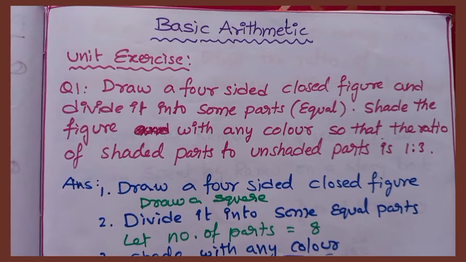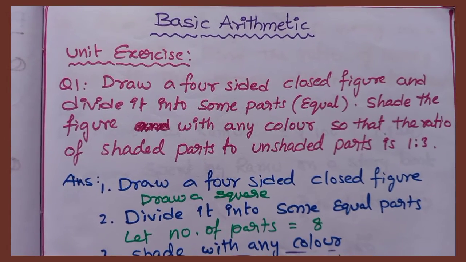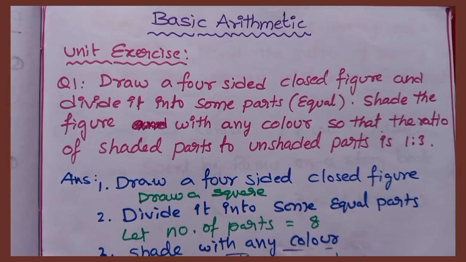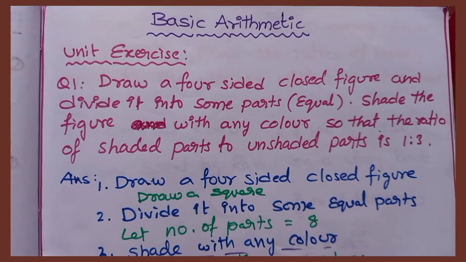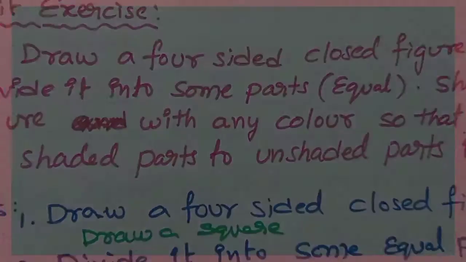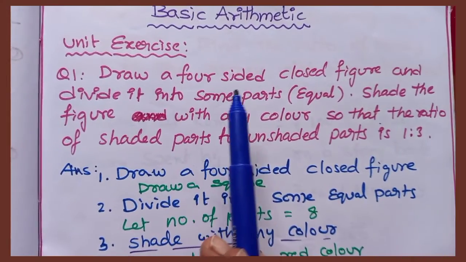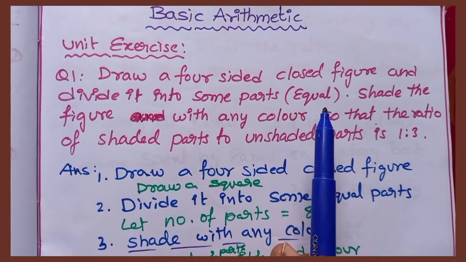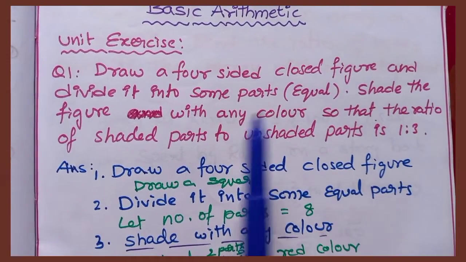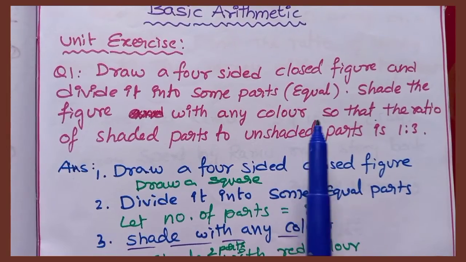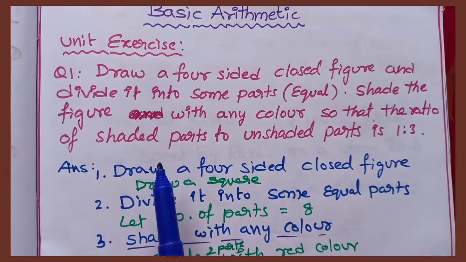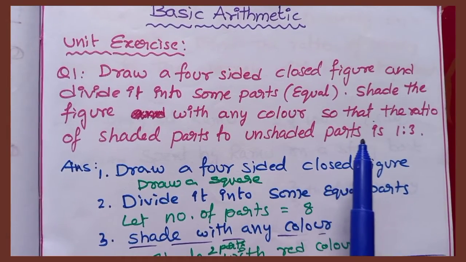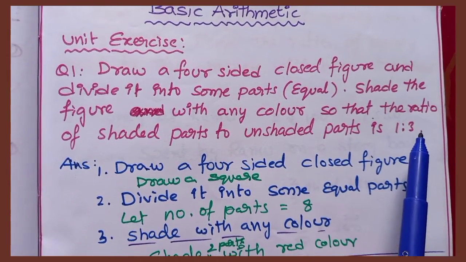Now let us try how to use this ratio in different situations. In the unit exercise, we have question number 1. Draw a four-sided closed figure and divide it into some equal parts. Shade the figure with any color so that the ratio of shaded parts to unshaded parts is 1:3.